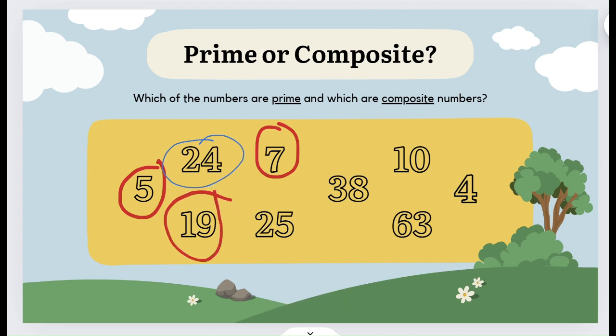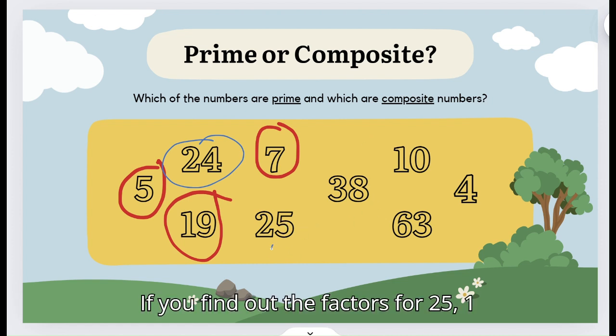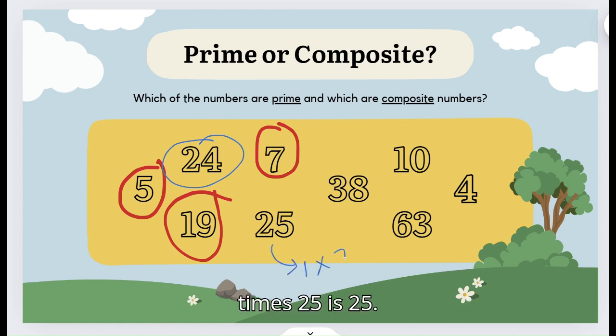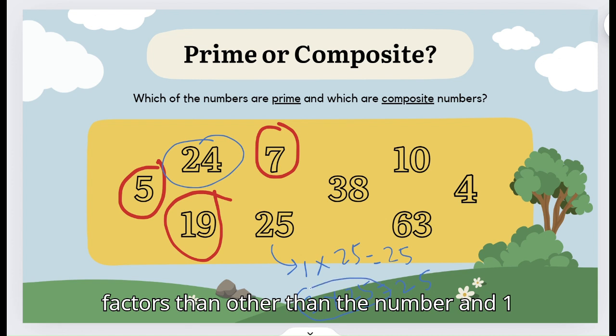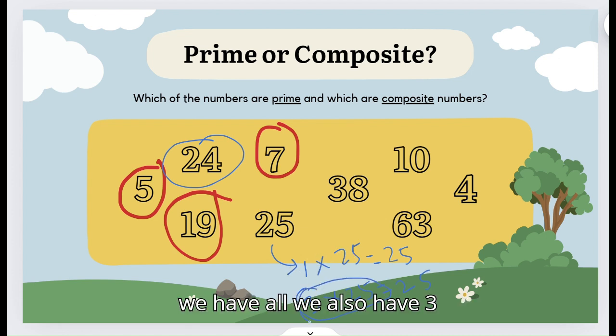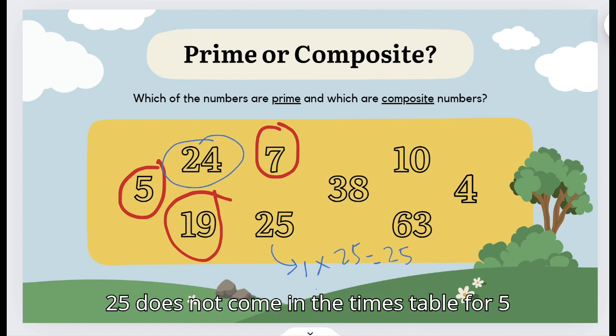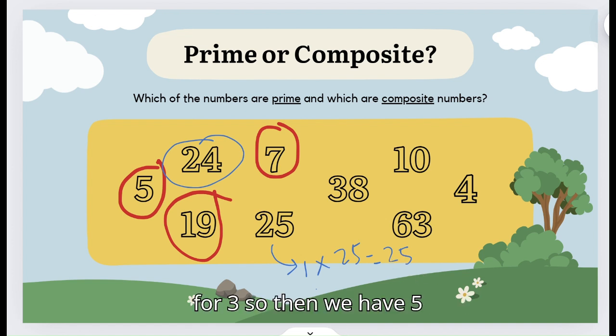Now 25. If you find out the factors for 25, 1 times 25 is 25. Then we have 5 times 5, which is 25. 25 does not come in the times table for 3.